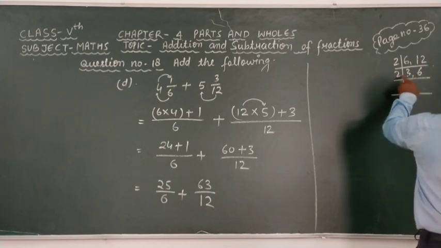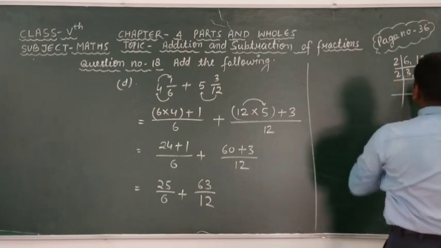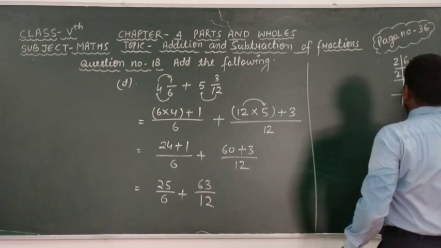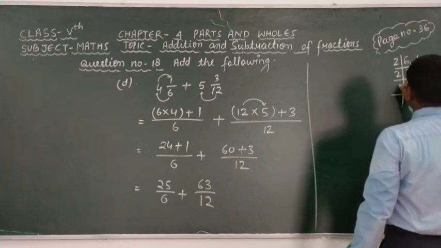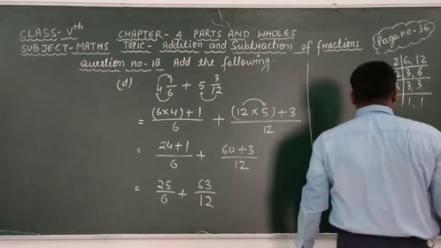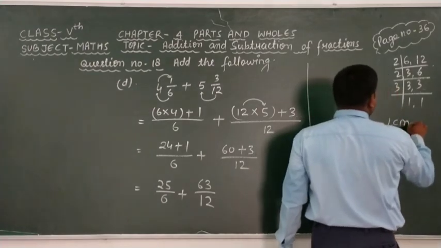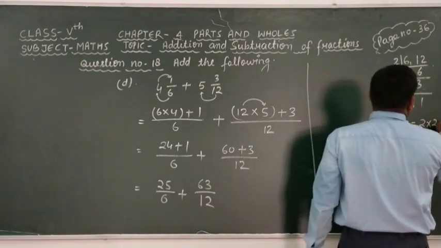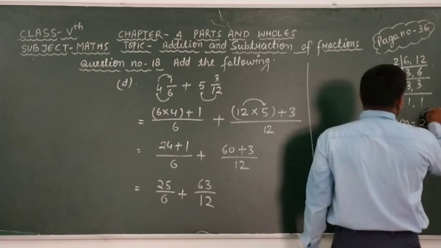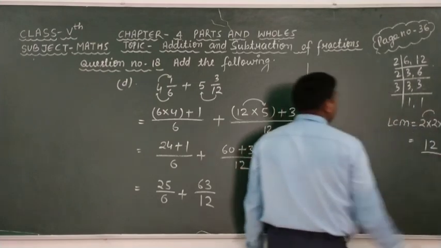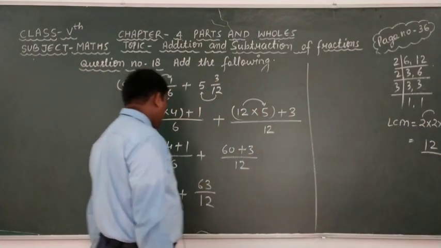Again we have to take 2, 3 is not divided by 2. Therefore here we can take 3 as same and 3 ones are 3. Okay. Then LCM is equal to 2 into 2 into 3. 2 twos are 4, 4 threes are 12. Okay, understand? The LCM is 12.